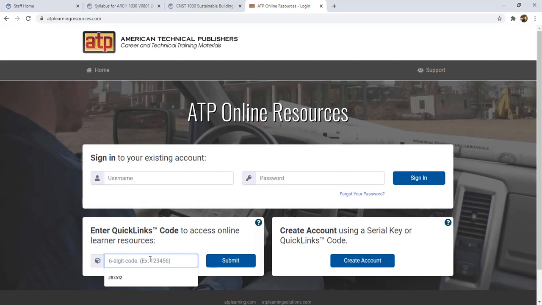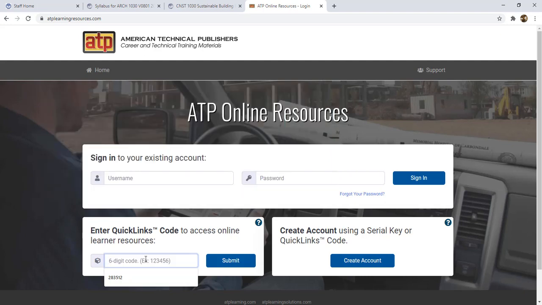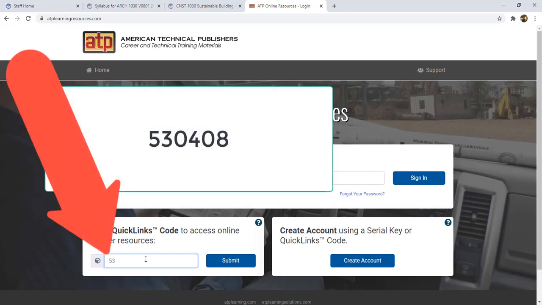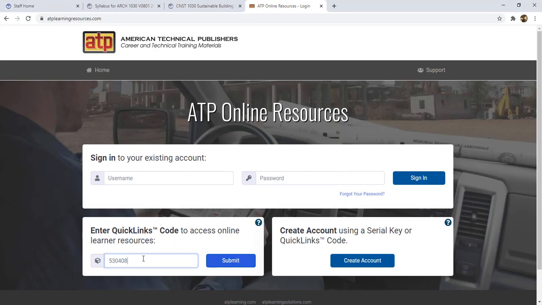And so you can go to the atplearningresource.com website. You take a look at the code. I believe for this book it's 530408. You could probably use that either way. And so the quick links X code here, you can put that in there and pick submit.